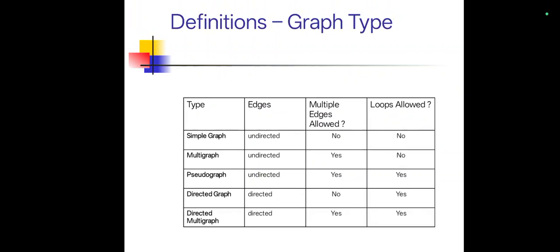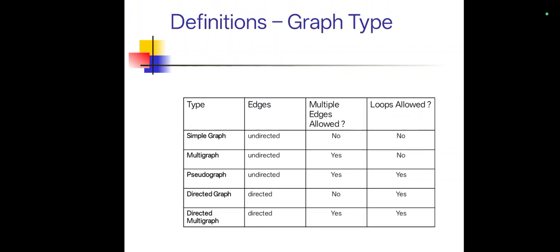Graph types. Simple graph: undirected, no multiple edges and no loops. Multigraph: undirected, multiple edges allowed and no loops.